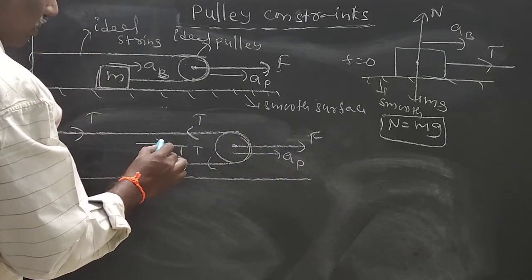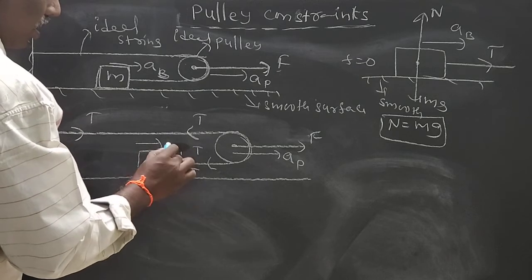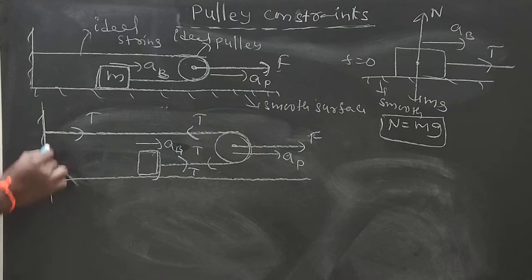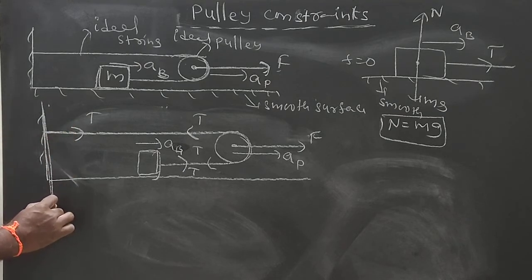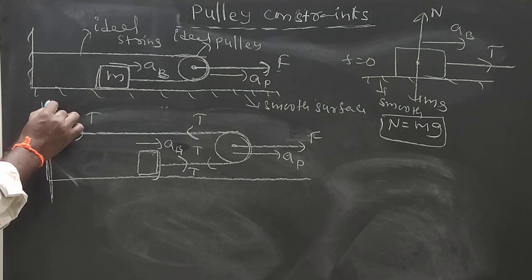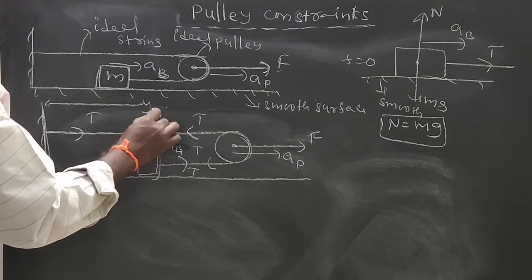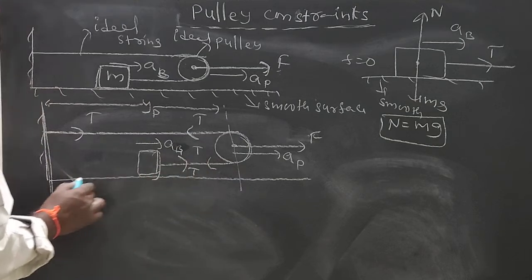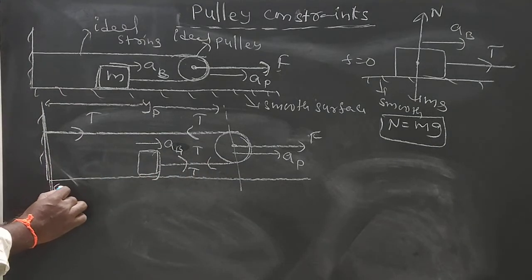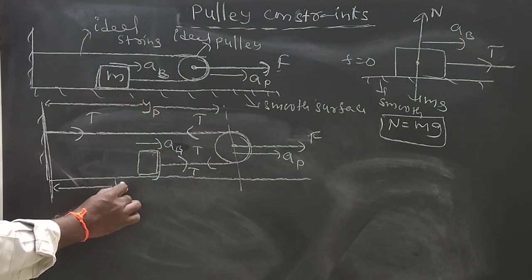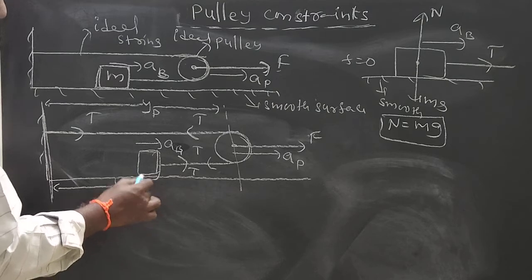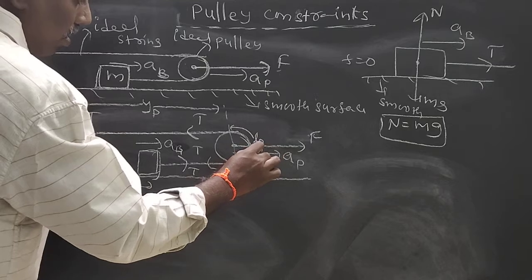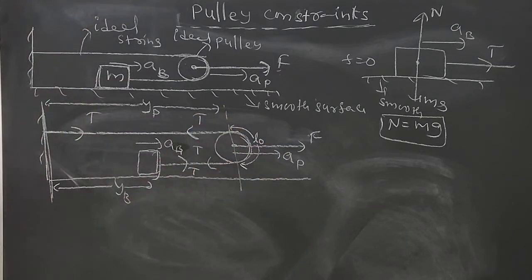Acceleration of block is AB. Now this is the fixed point. The distance of the pulley from the fixed point, center to center, is YP. Distance of the block from the fixed support is YB. The length of the string on the pulley is L0.